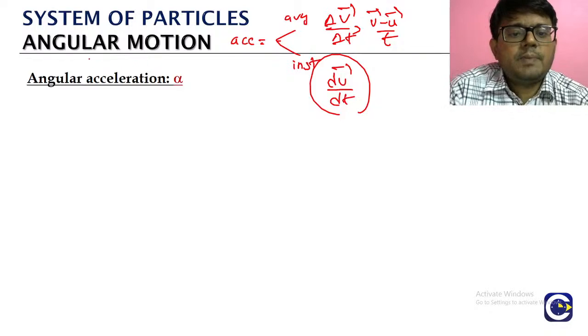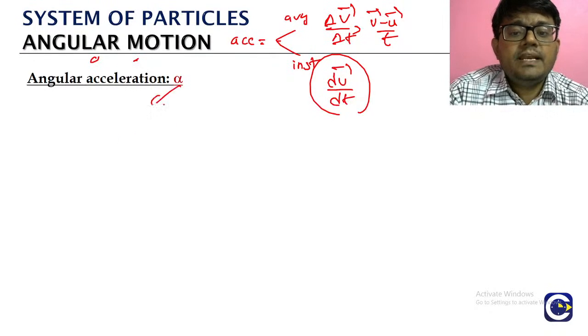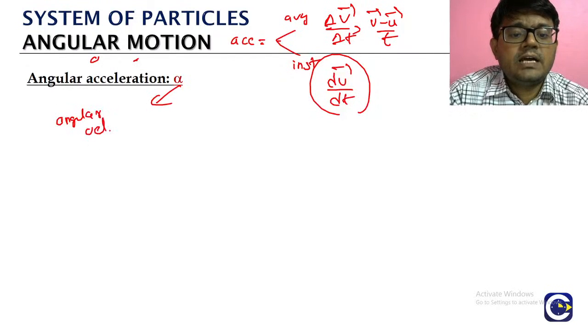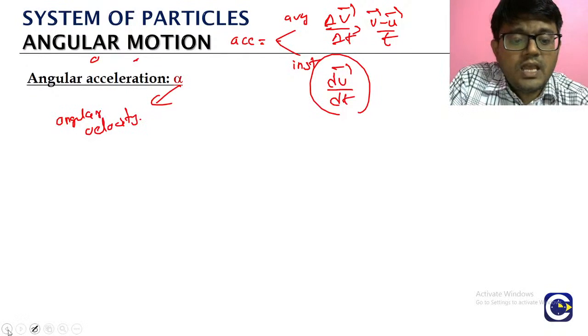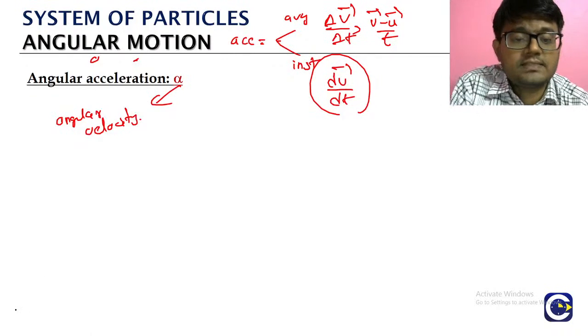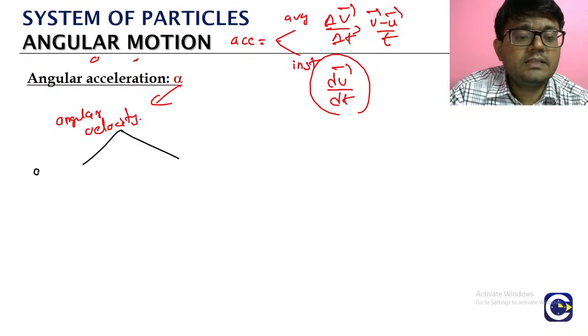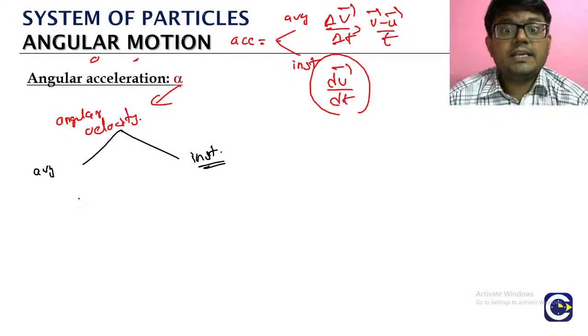So, angular acceleration will be defined by using the angular velocity. Define it in the same two ways, the average formula and the instantaneous formula.